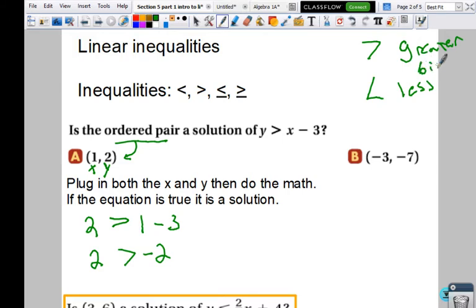Is 2 bigger than negative 2? Yes, it is. So it's true. Would you rather I pay you $2 or negative $2? Negative 2 means you give me 2. So, this is true. Because this is true, I'm going to say yes, it's a solution.